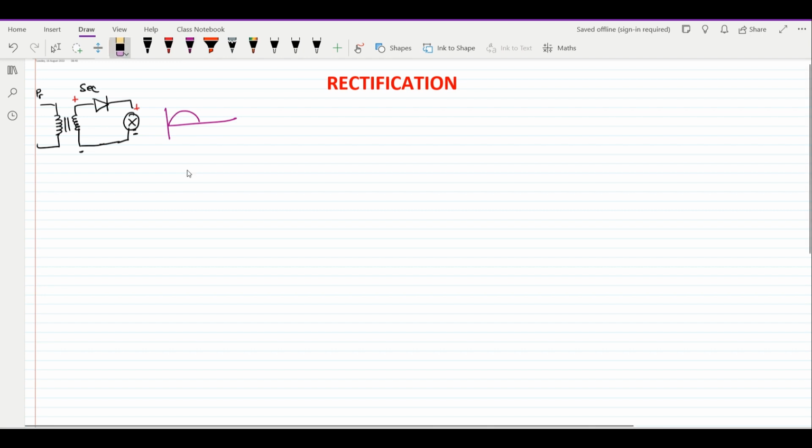But then when the transformer decides to change its terminals, having this side positive and the other side negative, this diode will be reverse biased. When that diode is reverse biased, it clips off the negative side. Therefore, the light will switch off instead of burning out.